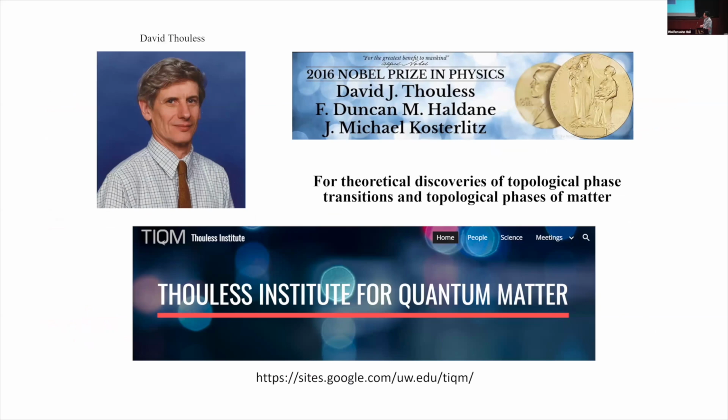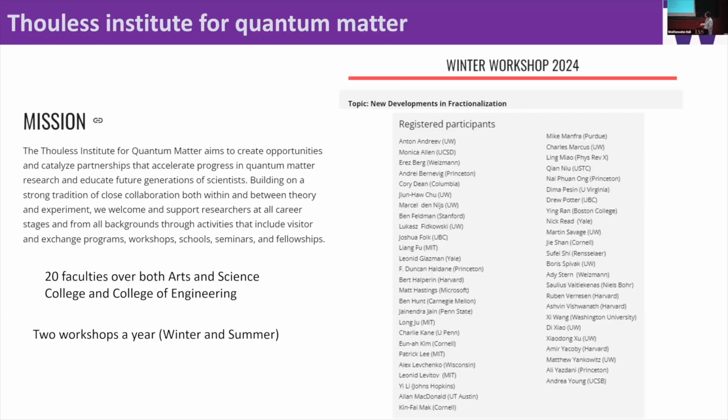One thing I will highlight is the Thouless Institute for Quantum Matter. We all know David Thouless, who got the Nobel Prize in 2016 with Haldane and Kosterlitz, for the theoretical discoveries of topological phase transitions and topological phases of matter. We established this institute after Thouless, and it is very active.